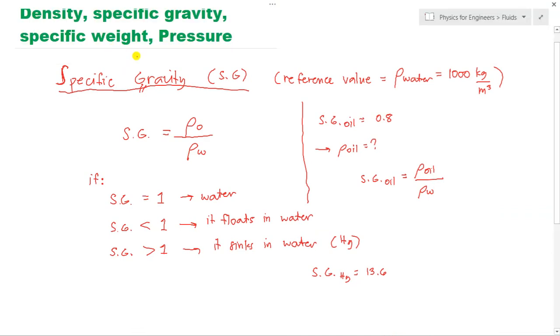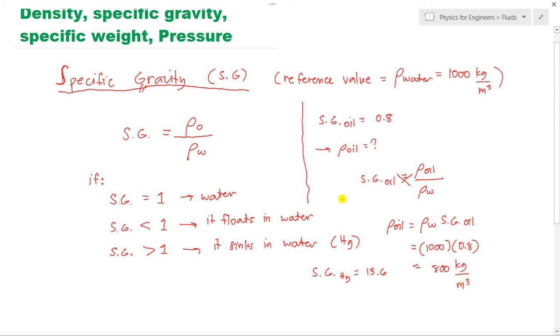You just cross multiply both sides of the equation. So the density of the oil is equal to the density of the water times the specific gravity of the oil, which is given. You just multiply 1000 times 0.8. So the density of the oil is 800 kg per cubic meter.